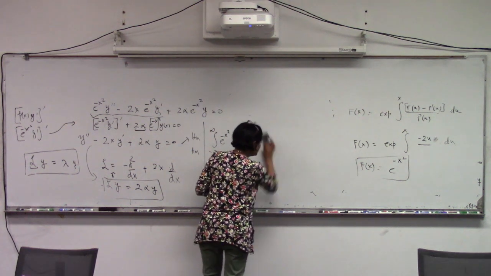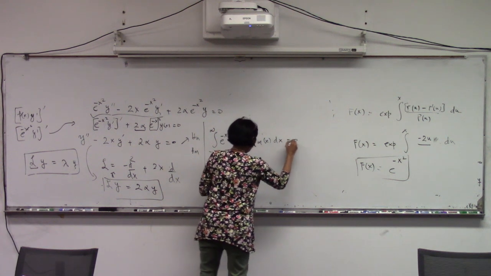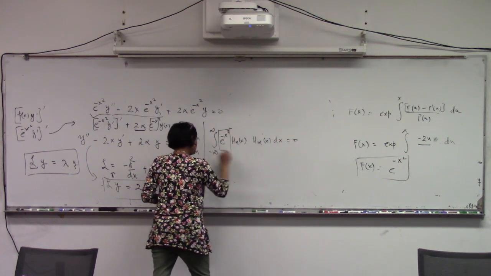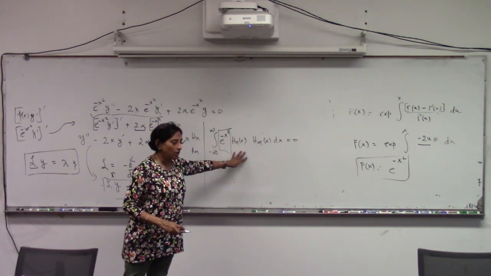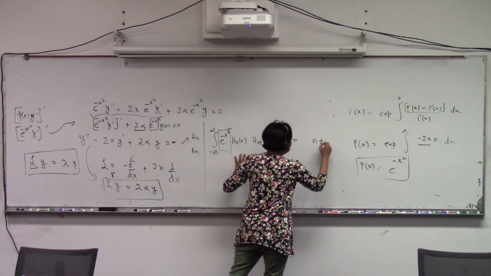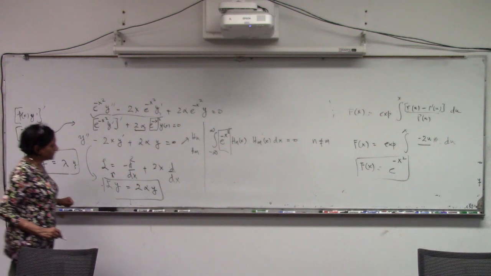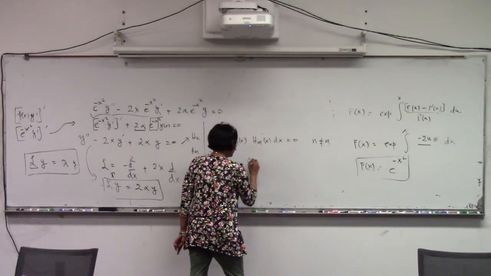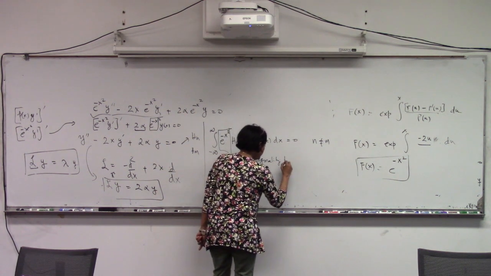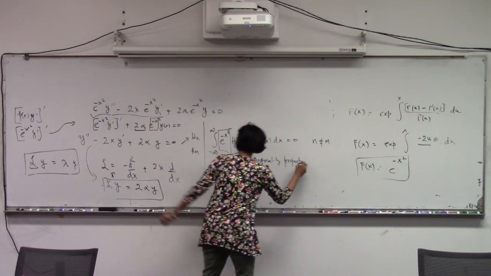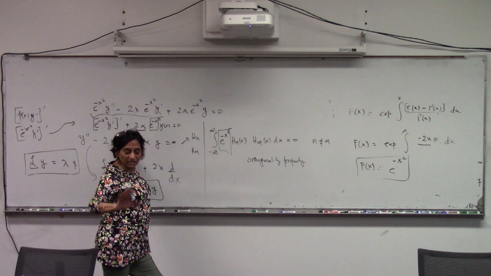I can put the weight factor here, and for n not equal to m, the Hermite polynomials have to satisfy this particular orthogonal property.